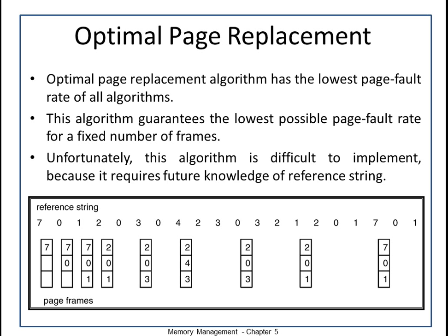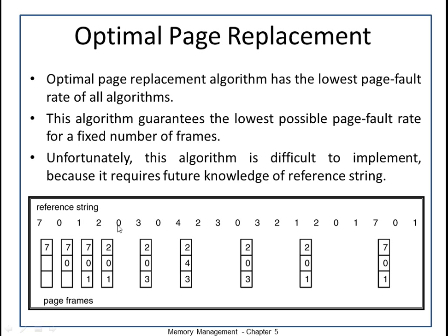So out of these 7, 0, 1, if we are at 2 second location, 0 we will immediately require, 1 we will require here, and 7 we will require at this location. So 7 is far away, which is required in future. So we will select 7 for the replacement. So page 2 is placed at the page 7th location.